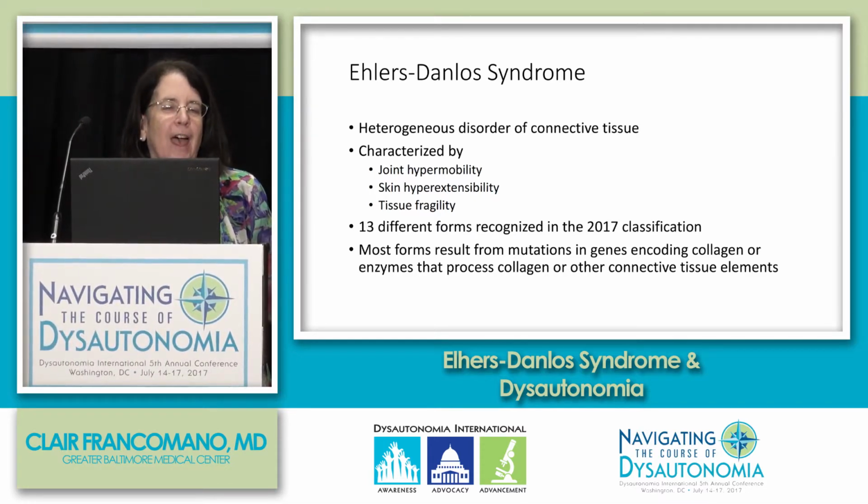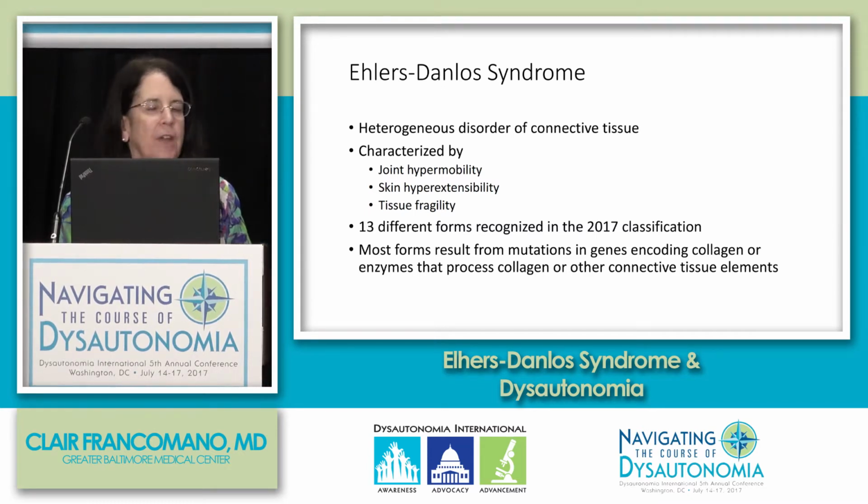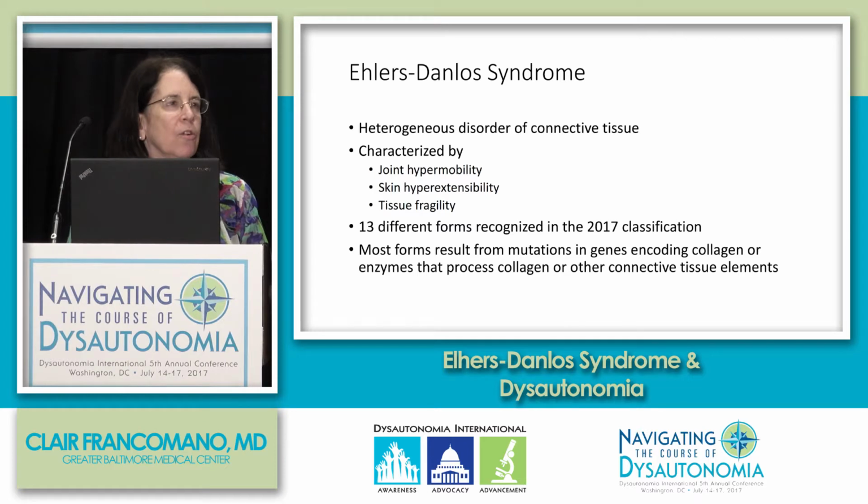Really, I should have titled this slide the Ehlers-Danlos syndromes, because we now have 13 different types recognized in the 2017 classification. This is a heterogeneous disorder of connective tissue, characterized primarily by joint hypermobility, skin hyperextensibility, and tissue fragility.